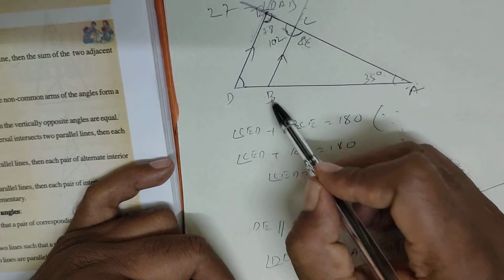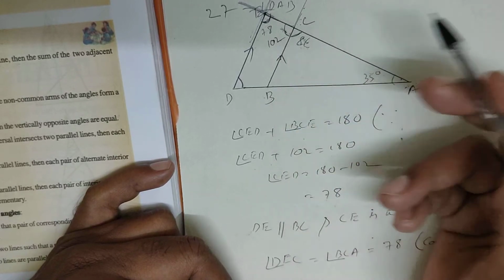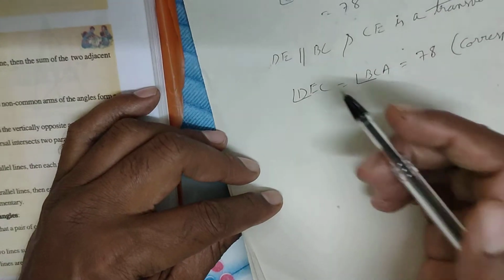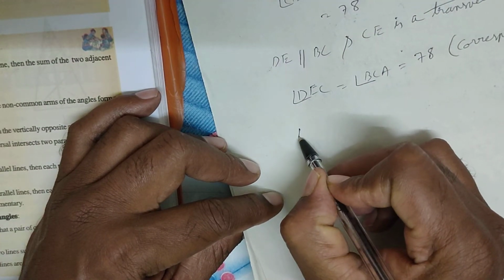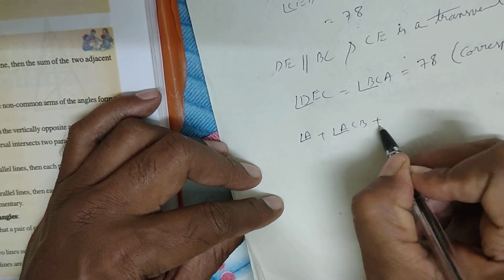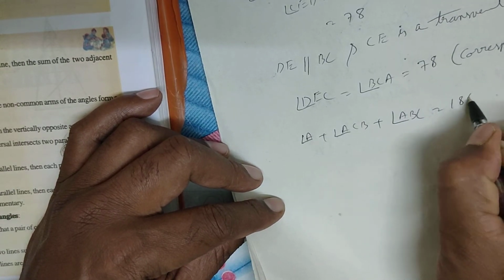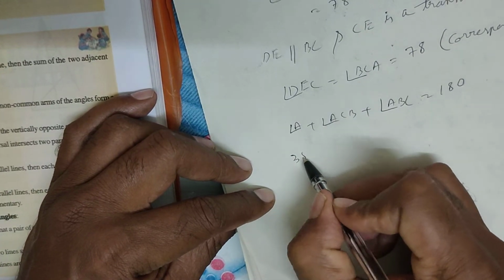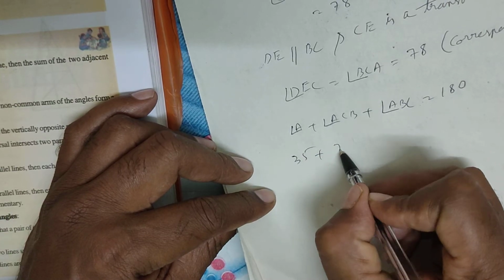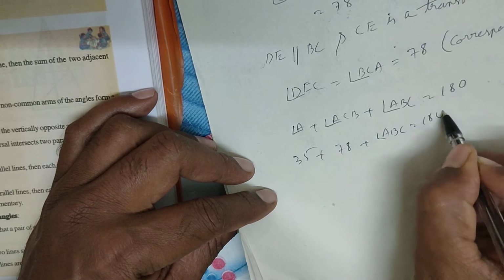So ABC is a triangle, which means the sum of three angles is how much here? 180 degrees. So angle A plus ACB plus ABC is equal to 180 degrees. Angle A is 35, ACB is 78, ABC we don't know, equal to 180.